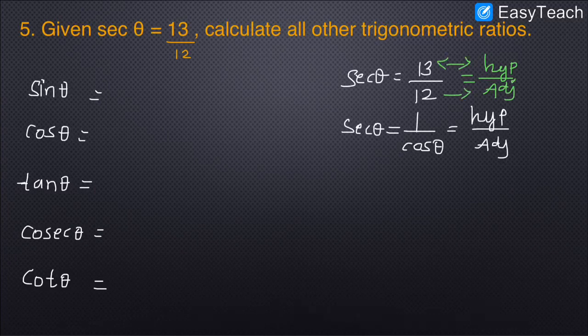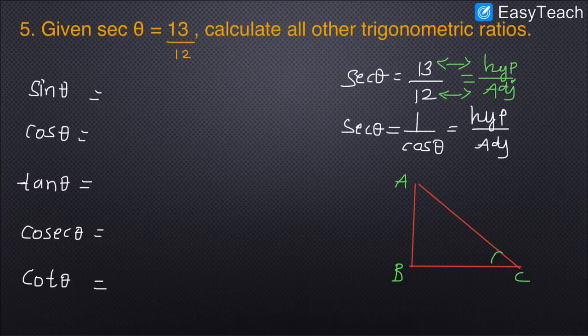So 13 is the hypotenuse and 12 is the adjacent. Here no specific angle is given, so I write ABC or BCA, anyway you can name the triangle.